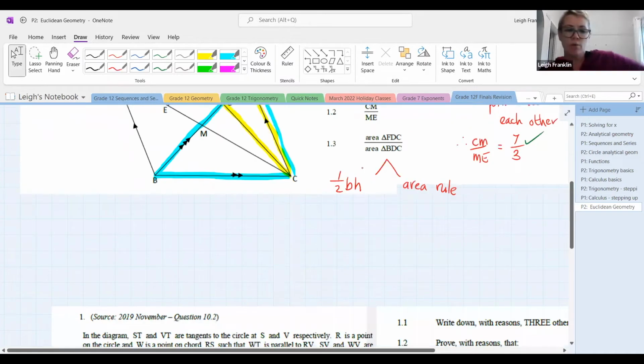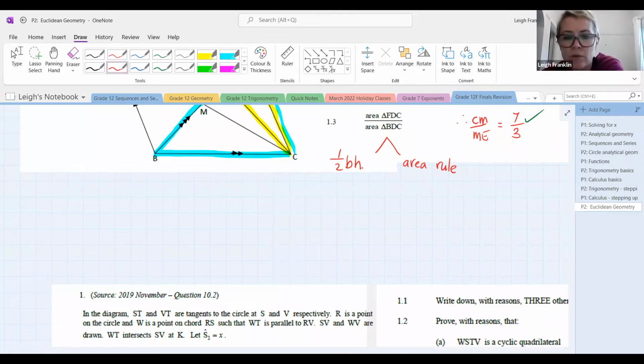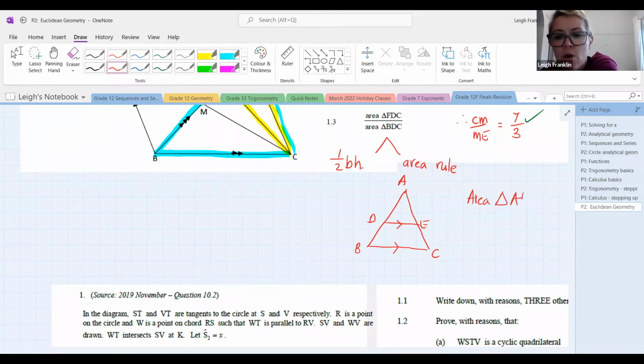So for example, if I draw a triangle like this, and let's say over here I've got a pair of parallel lines, and that's A, B, C, D, E. Now they ask us for the area of triangle ABC over the area of triangle ADE.